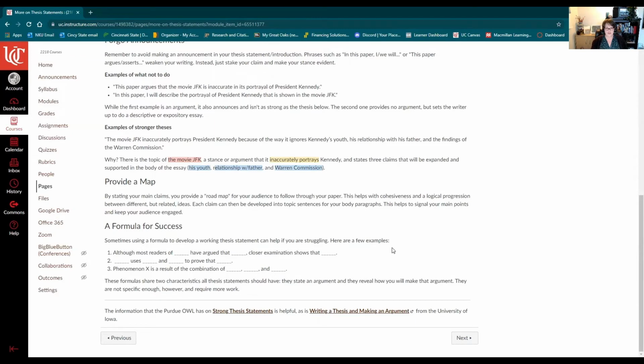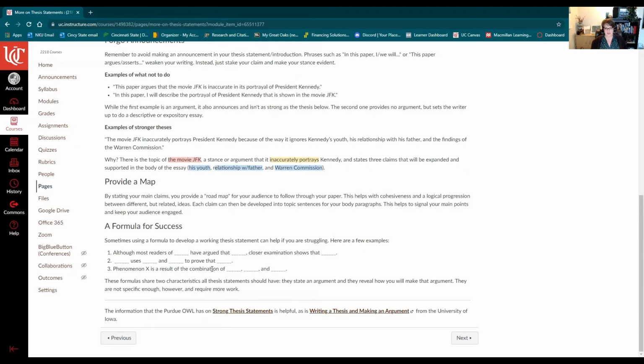So for those of you who are struggling, sometimes it helps to use a type of formula to develop a working thesis statement. So we have some examples here. Although most readers of blank have argued that blank, closer examination shows that blank. And I hate reading through these, but they make a lot of sense.